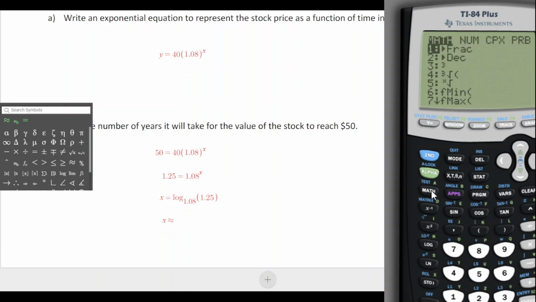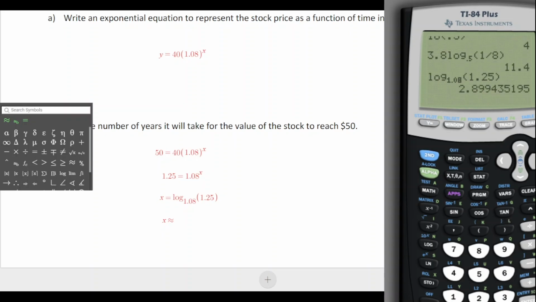How many years do you think it will take for this stock price to reach 50 bucks? Let's find out. 1.08 and then of 1.25. There you go. About 2.899. Yeah, that's how it would round out. This is the number of years.